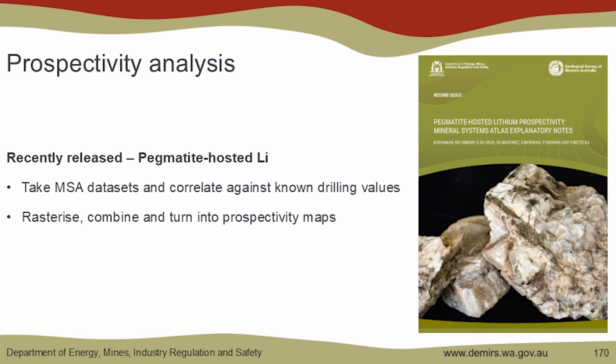So as I mentioned, we've just released, I think last week, a couple of weeks ago, our pegmatite-hosted lithium prospectivity map. This report I don't think is out just yet, but it's imminent, so look out for that one. And basically, in a nutshell, what we've done is that we've taken our Mineral System Atlas data sets, we correlate it against known drilling, we then rasterize it, combine it, and turn it into prospectivity maps.